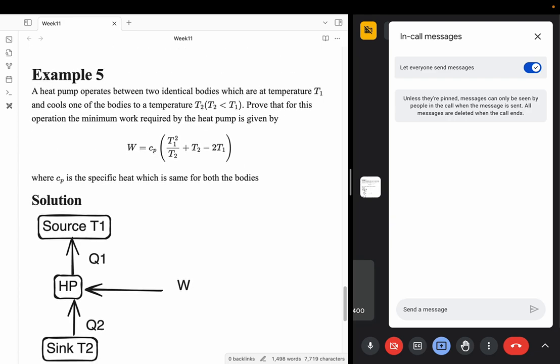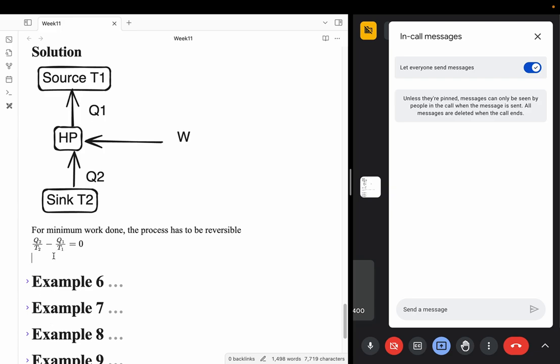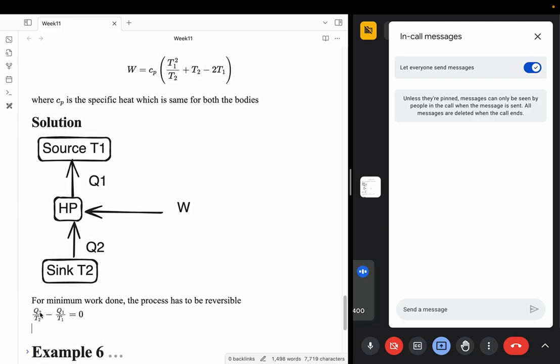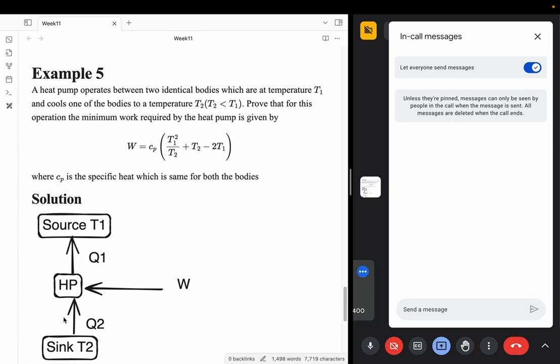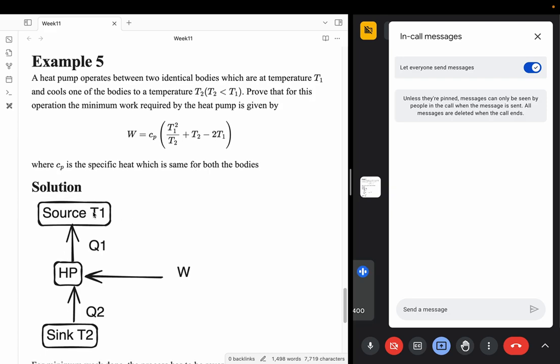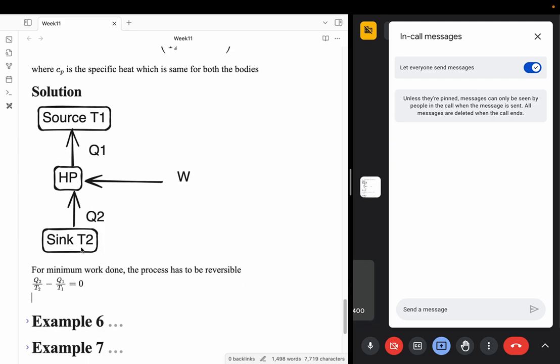But the problem here is, if I write this relation like this, you are assuming that T2 and T1 are infinite reservoirs. So, is that assumption correct here? This relation is valid only if your T1 and T2 are constant.